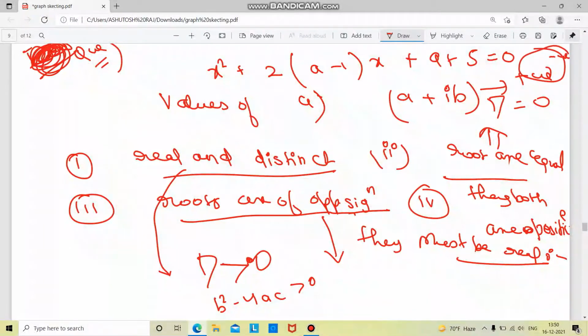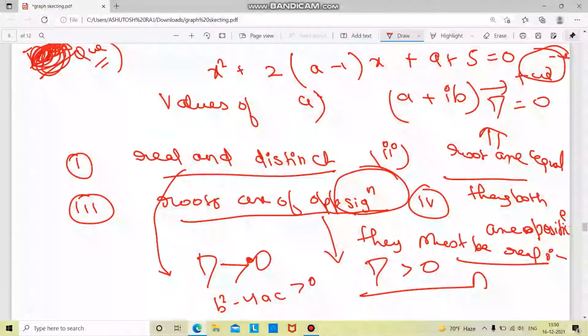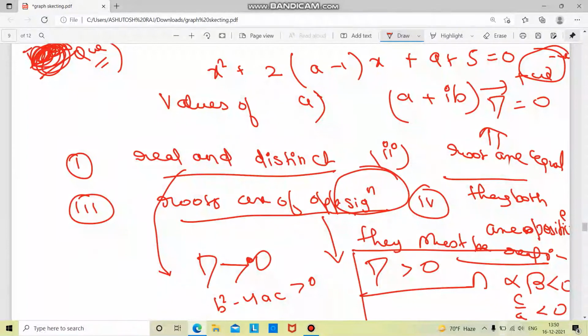So it has to be real. So we should take D greater than 0 for the third question, and then take the intersection with the condition that, if they are of opposite sign, then their product alpha into beta should be less than 0, which means c by a should be less than 0. These two conditions we should use to get the answer.